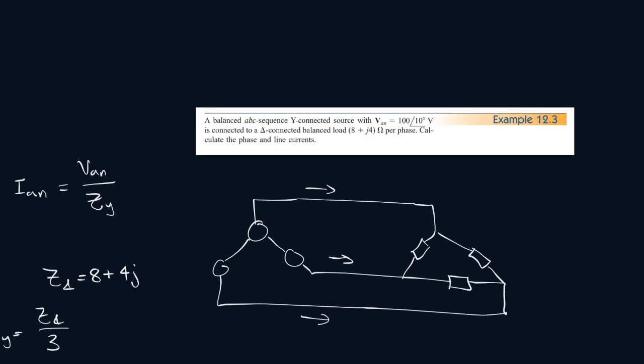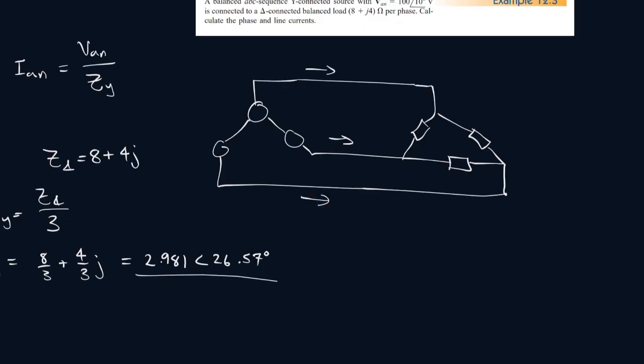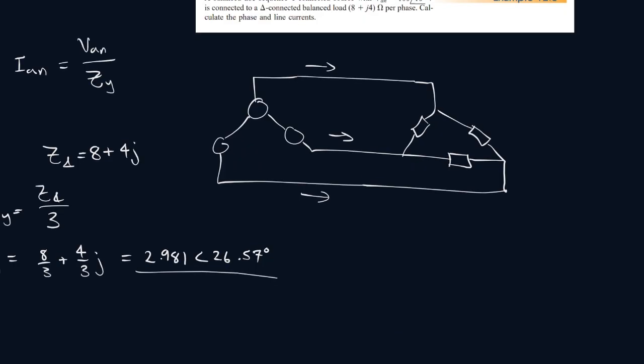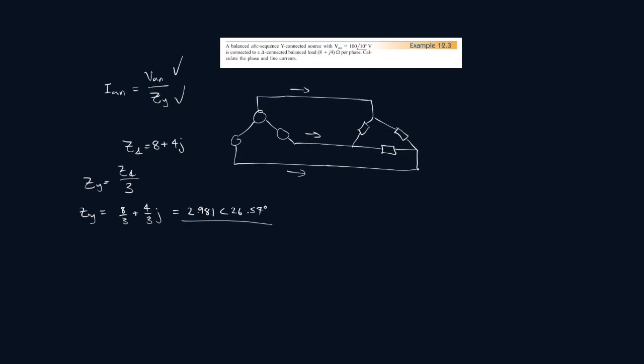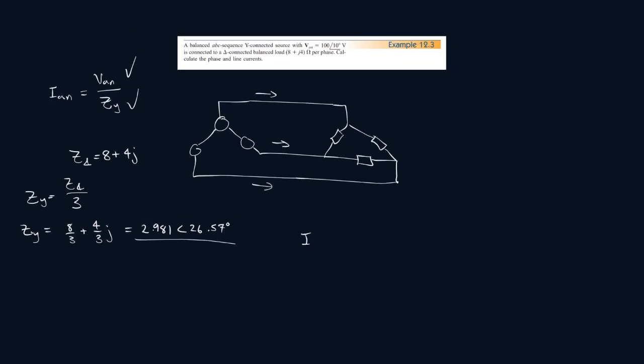Now let's see what we need to find next. Oh yeah, and we're not going to do minus 120 for this one, so don't do it for the impedance value. So we have ZY, that's done. Now we also have VAN, so that's another thing down. So IAN is equal to 100 phasor 10 degrees all over 2.981 phasor 26.57 degrees.